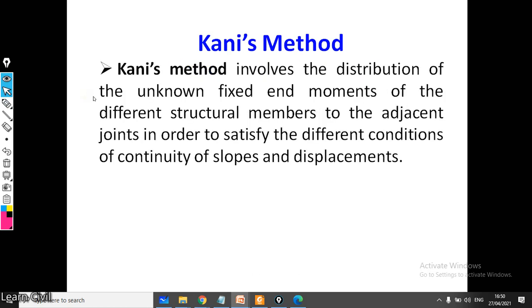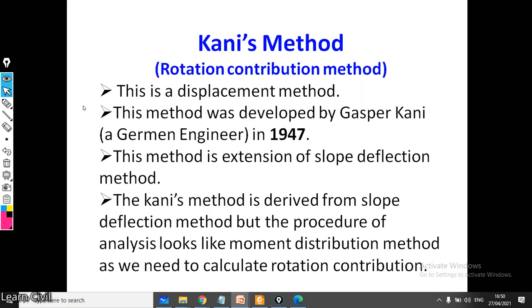This particular method of Kani's method was developed by Mr. Gaspar Kani in 1947. He is a German engineer who developed this method, and it is an extension of the slope deflection method. That is, this method is developed from the slope deflection method.